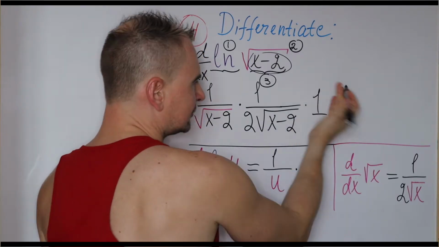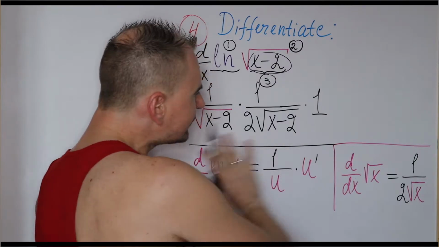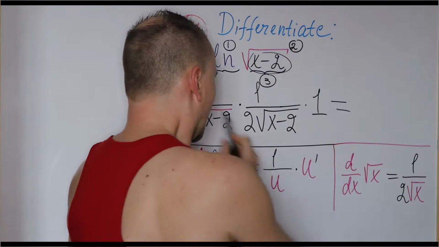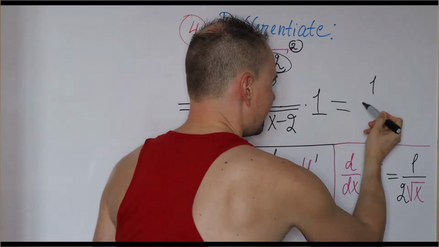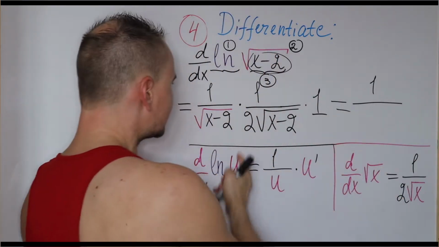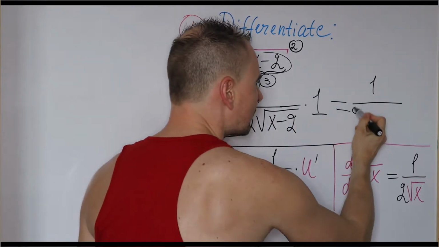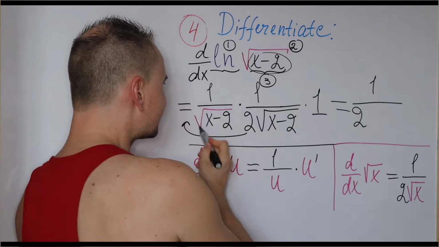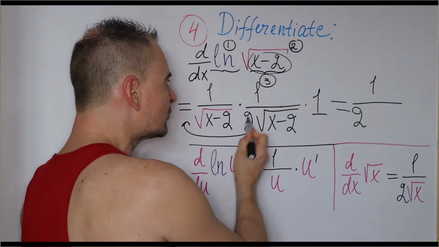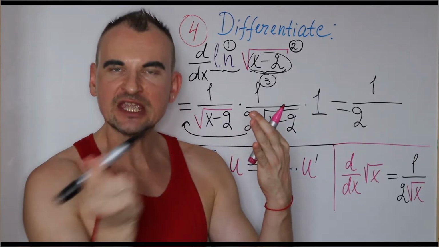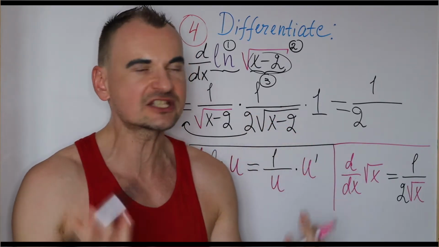So again, you could ignore this 1 at this point, and all you need to do is just clean it up. So 1 still remains on top of your fraction, 2 I'm going to pull out front as a coefficient, and you have square root of x minus 2 times square root of x minus 2. You have the same expression inside of the radical symbol.